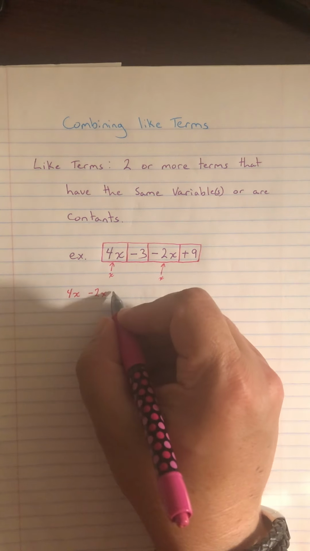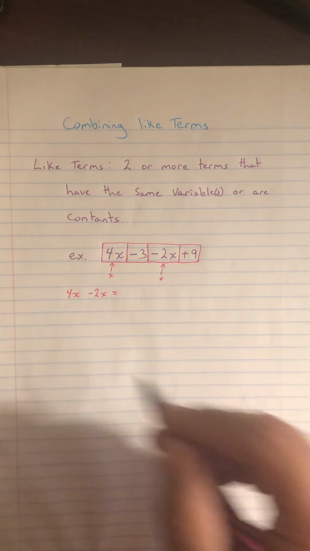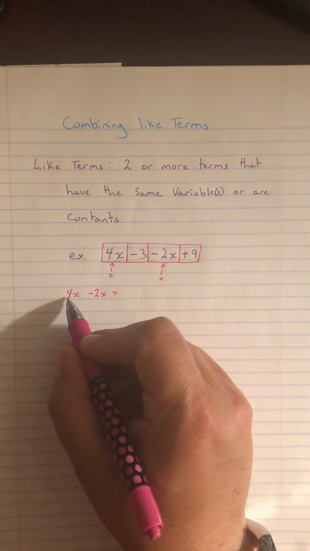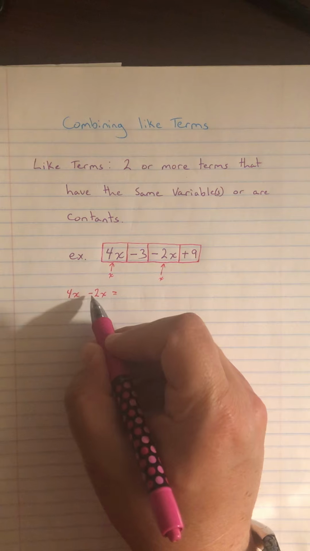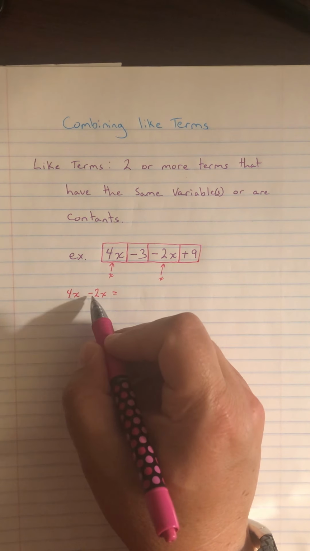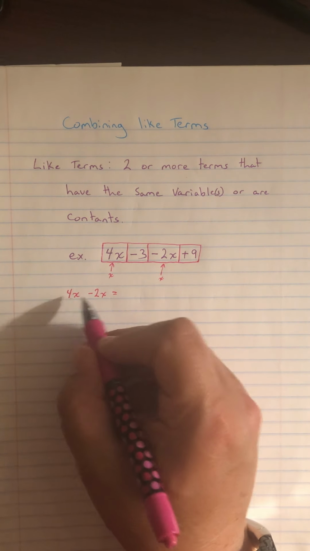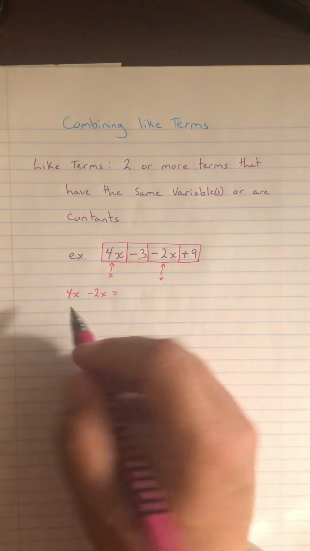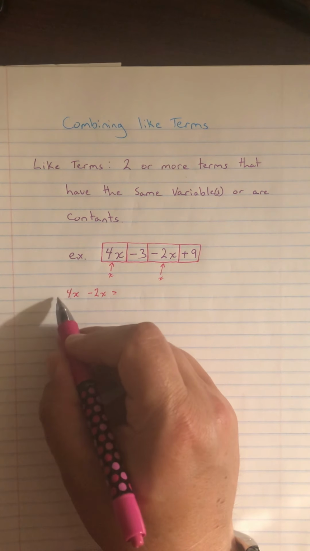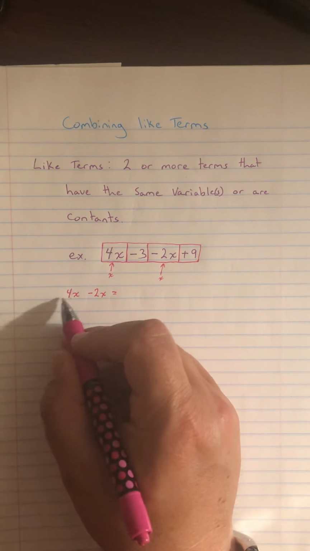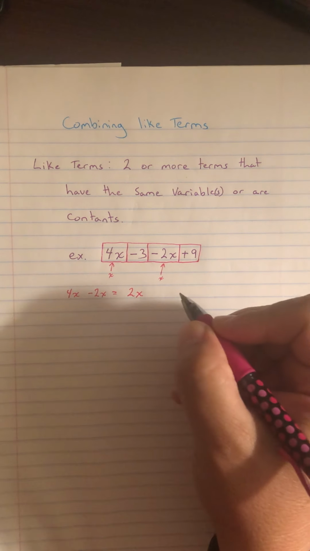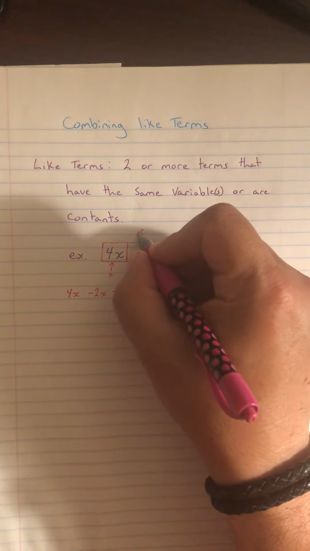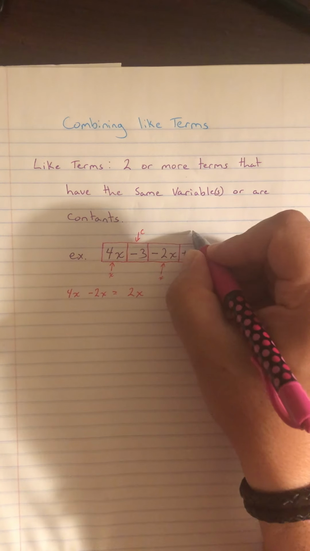Combine them. Well, knowing the rules that we've used, they are different signs. This is a positive 4 and a negative 2. When they are different, we subtract. So 4 take away 2 is 2. And the bigger number keeps its sign. That's a positive. There were more positives. So this makes 2x.